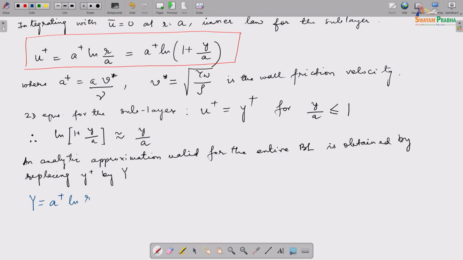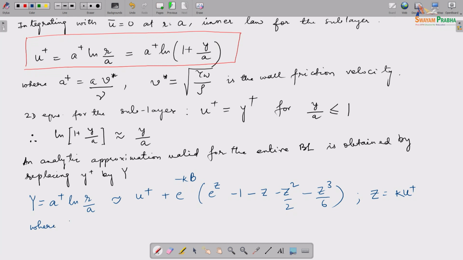Right, where typical values for B, so you use either of these combinations.